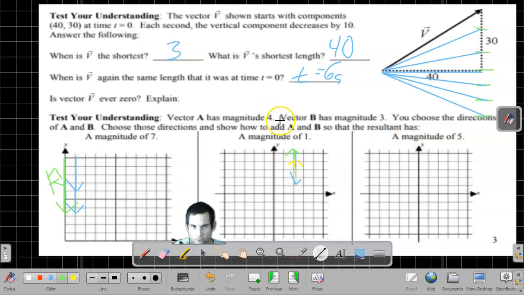Next, 4, 3, magnitude of 5. If you know your geometry, you know 3, 4, 5 can be added together like this. We have 1, 2, 3, 4 for vector A. Vector B, 1, 2, 3.